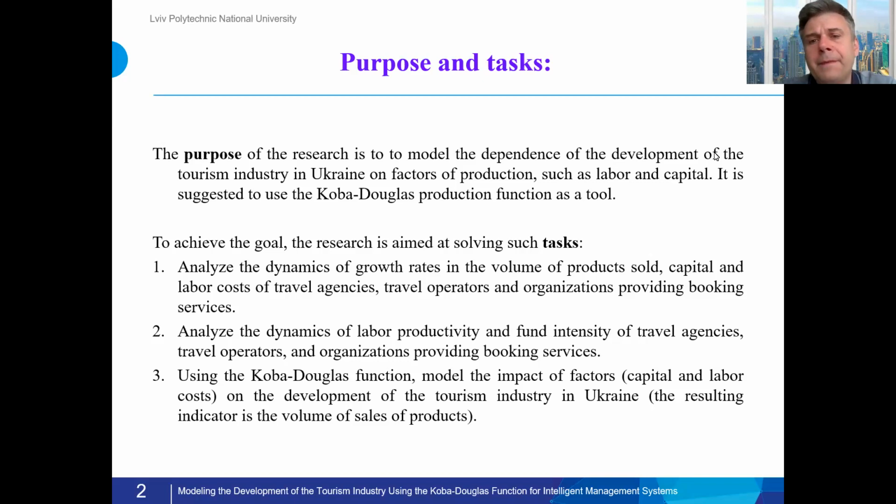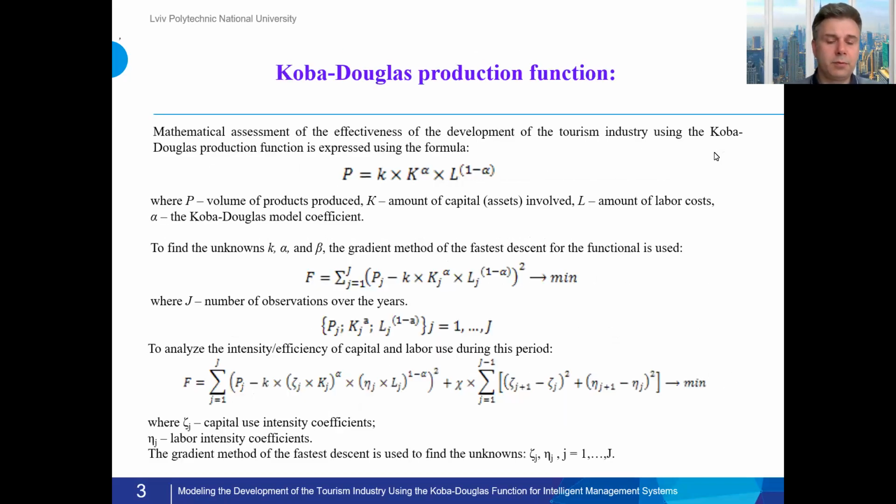In the capacity of the resulting indicator, we used a volume of sales of products. Here is the mathematical apparatus which we applied in order to conduct the study.